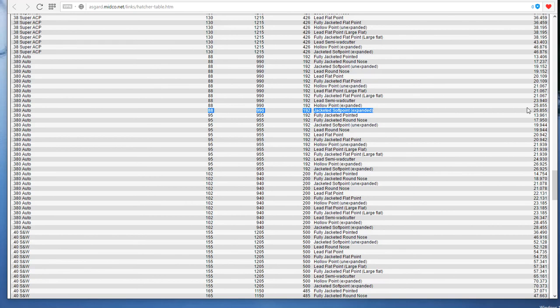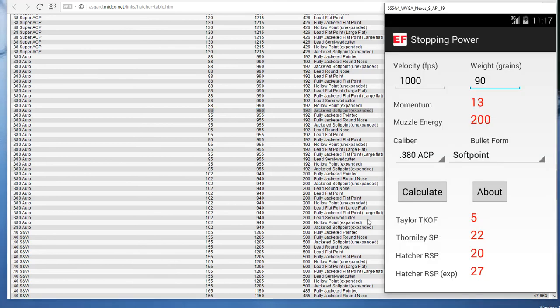Increase the velocity, and that will take it up over 26. And increasing the weight will bring it closer to 27. Coming down a few lines on jacketed soft point unexpanded, we see basically a value of 19.944. So that's close to the 20 that we had. So our values seem reasonably correct, 20 and 27.